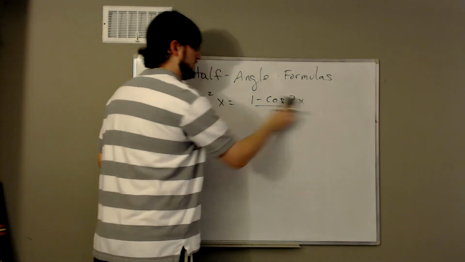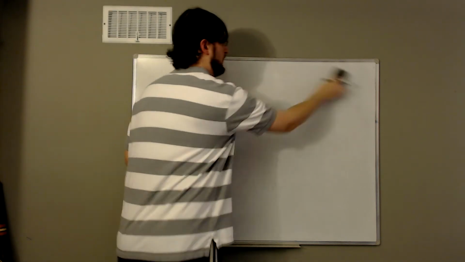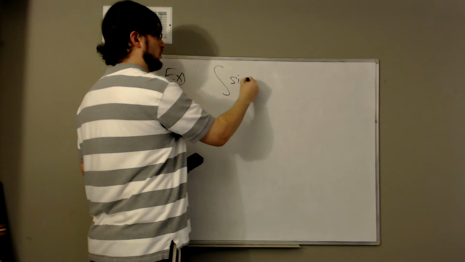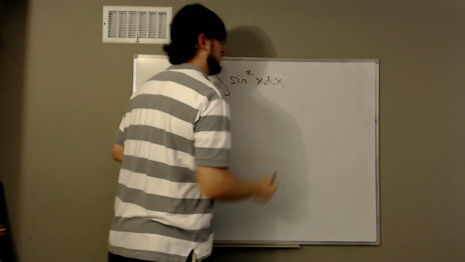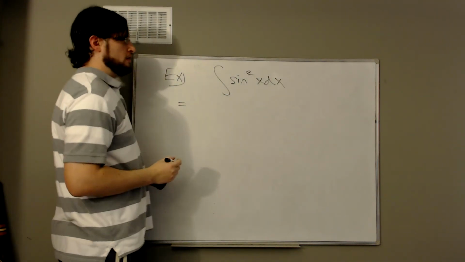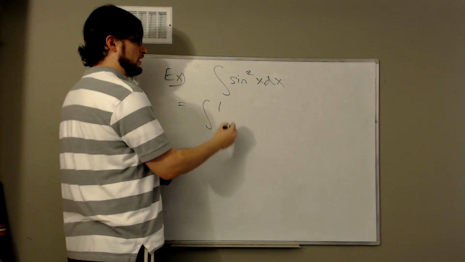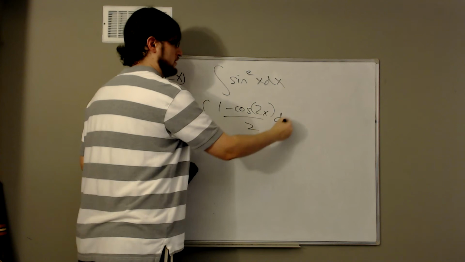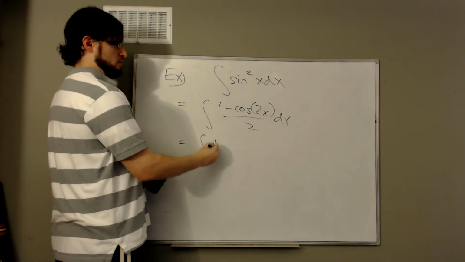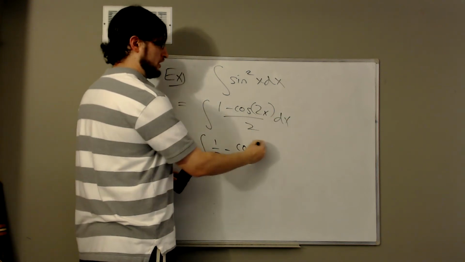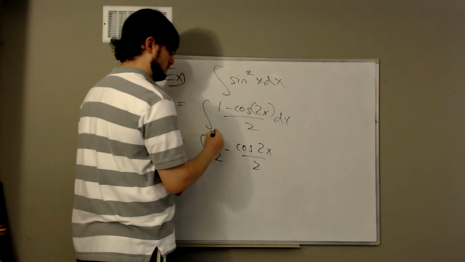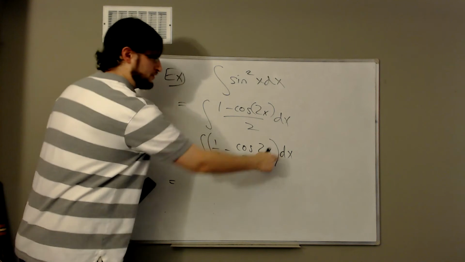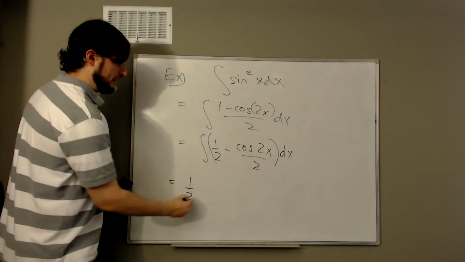So for instance, if I said just integrate sine squared x dx by itself, well, that's the integral of 1 minus cosine 2x over 2. That's our half-angle formula. That's 1/2 minus cosine 2x over 2. 1/2 integrates to 1/2 x.